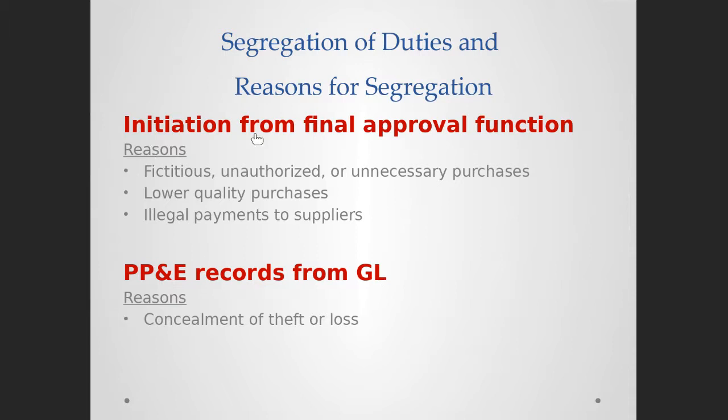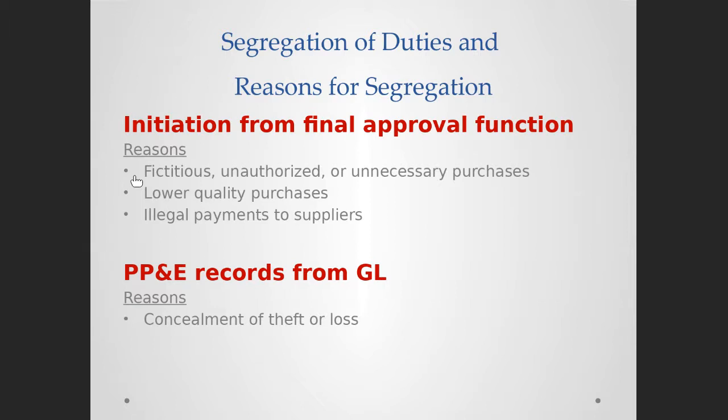Now, the segregation of duties. The initiation of the purchase of the asset should be separated from the final approval. You remember the initiation, which is the purchase requisition going to the purchasing department. That should be separated from the final approval for the purchase of the equipment. The reason is, first, to avoid fictitious, unauthorized, or unnecessary purchases. There could be purchases that are on paper only, with no actual equipment.